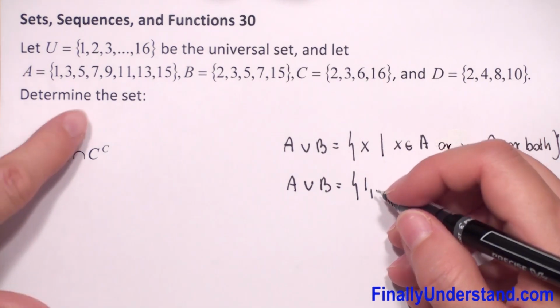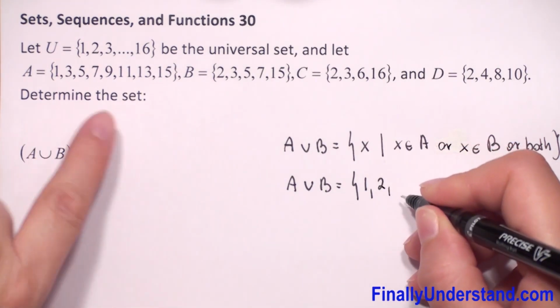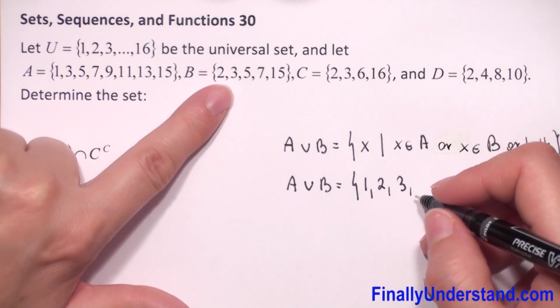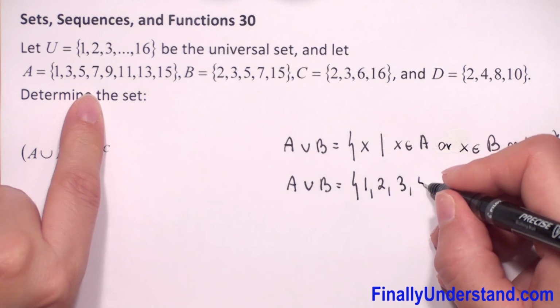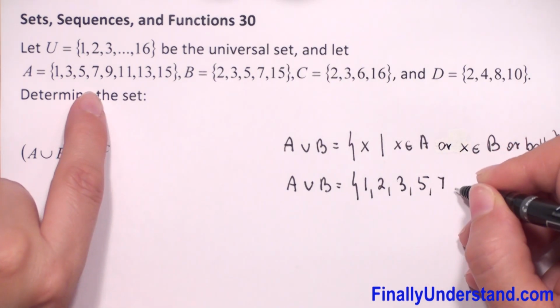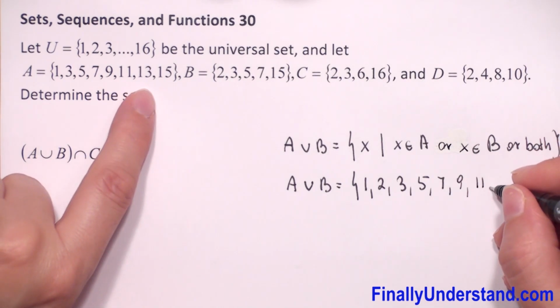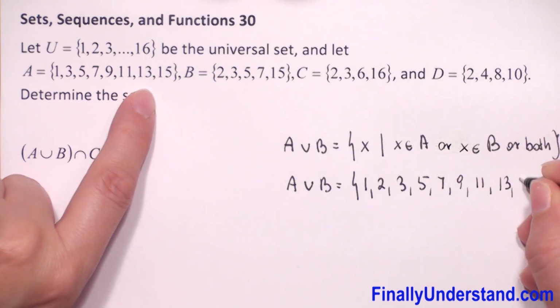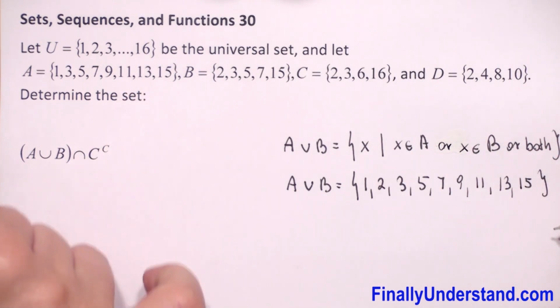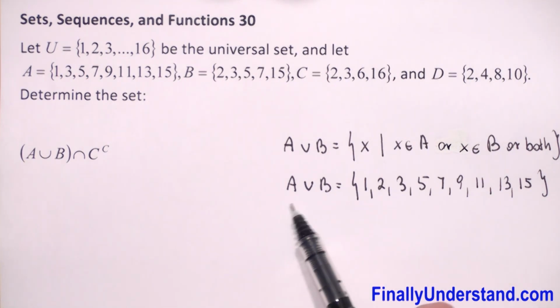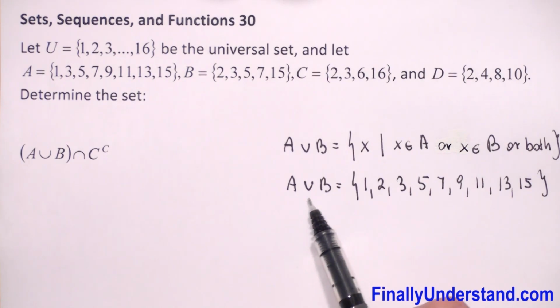Next we have 2, 3. We have to put only 1 time. Next is 5, 7, 9, 11, 13, and 15 we have. So we have the union, or in some books we have the sum. They tell we have to find the sum of these two sets.